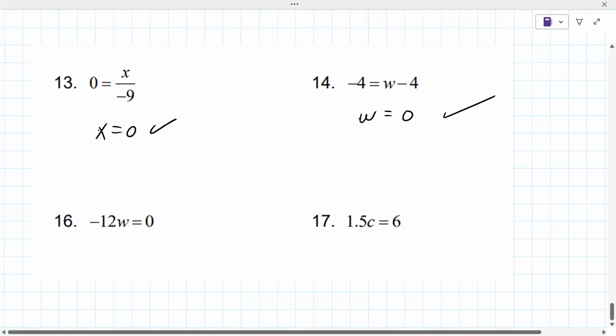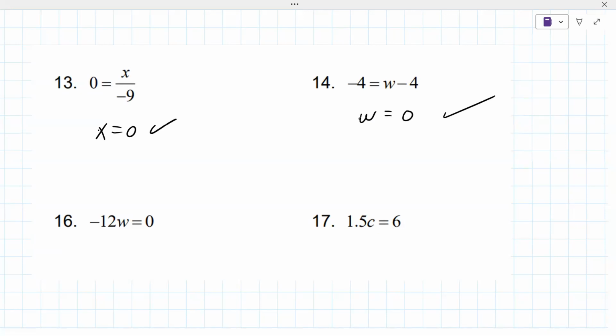Negative 5, w equals 0. 12. W equals 12.